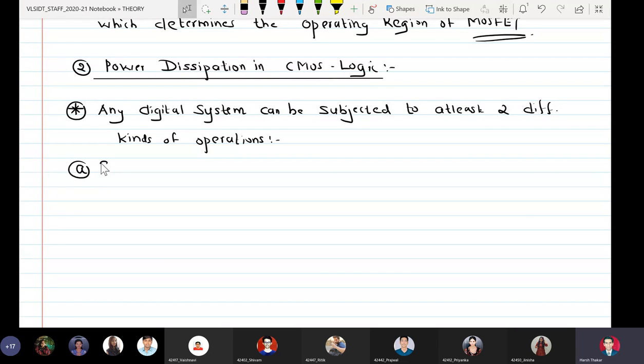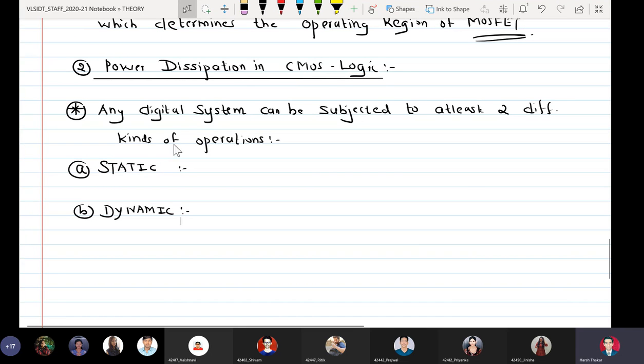The first is called as static, and second is called as dynamic.